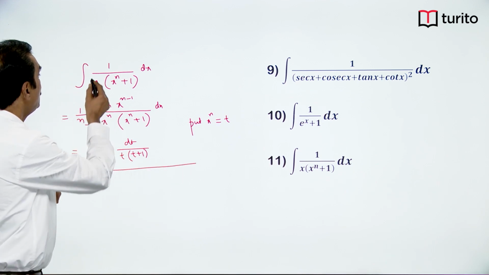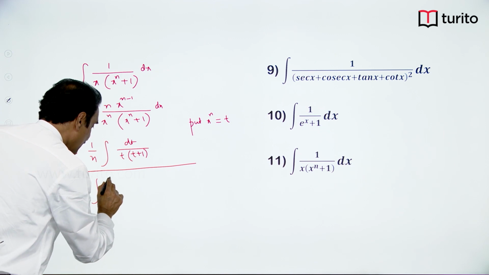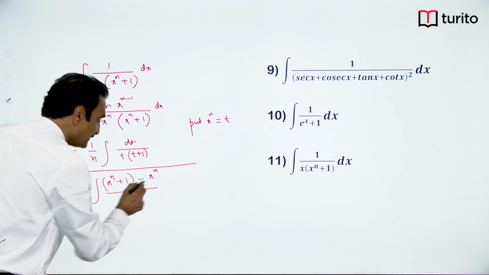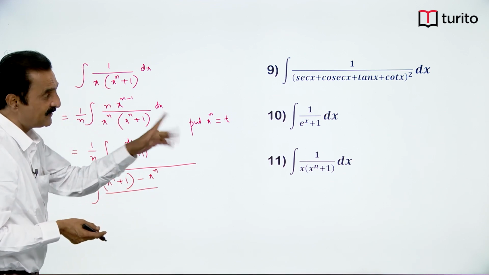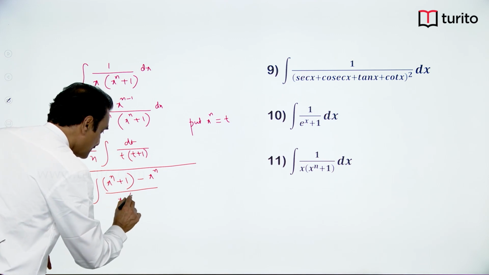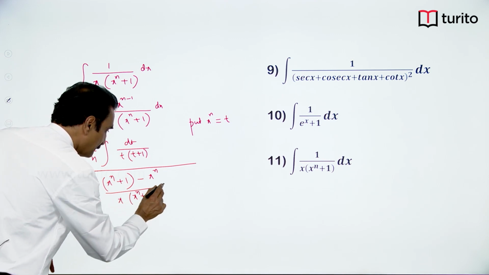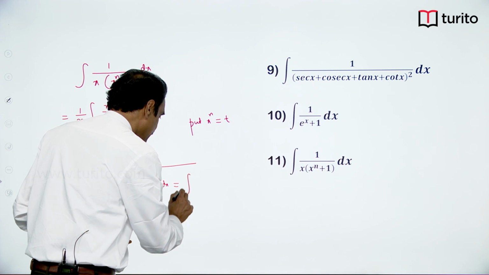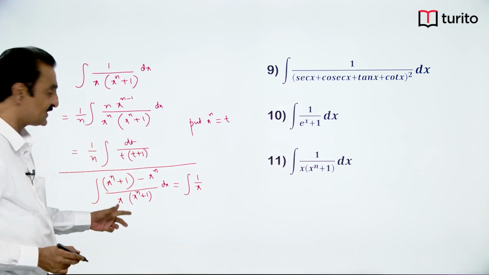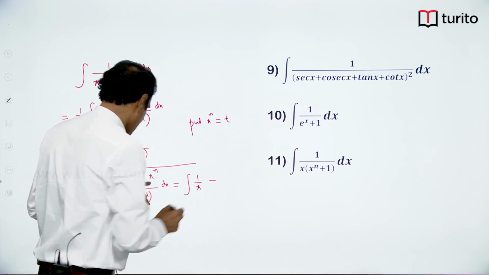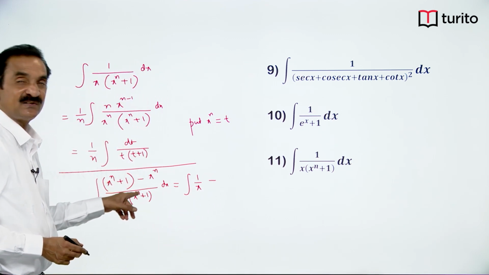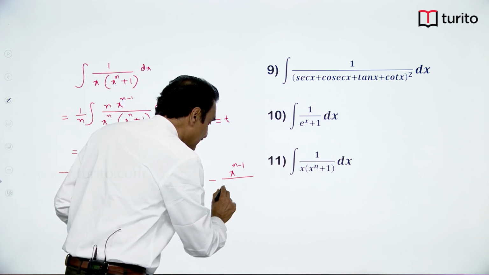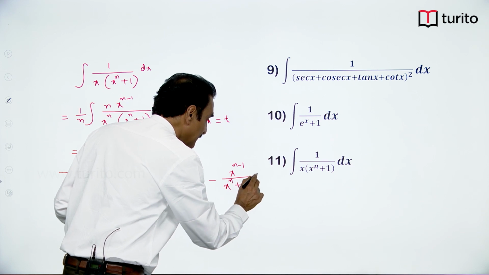Method 2. In method 2, we write the numerator as x power n plus 1 minus x power n, just like the second method of the previous question, by x into x power n plus 1. If you separate the denominator, it becomes 1 by x, minus x power n by x into x power n plus 1, which will be x power n minus 1 by x power n plus 1 dx.